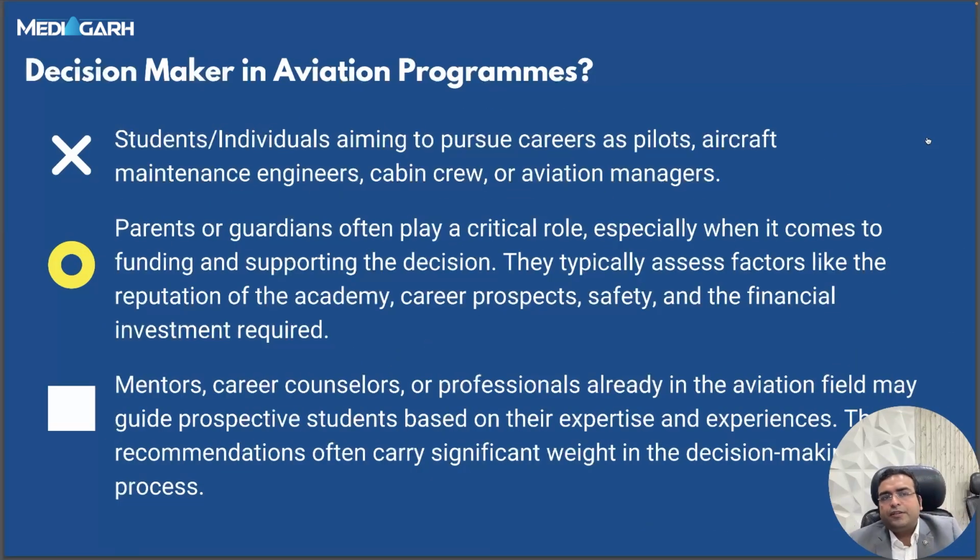Now when we check the decision makers in aviation programs, decision makers are mainly students aiming to pursue careers as pilot, aircraft maintenance engineers, cabin crew, or aviation managers, or parents or guardians who play a critical role in funding and supporting the decision. But they will also assess factors like reputation of the academy, career prospects, safety, and financial investment required.